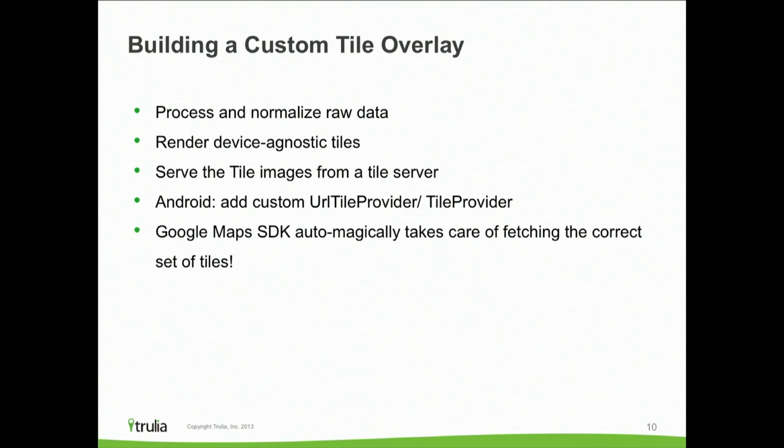So I really like how Google Maps takes care of all the Mercator projection math for me. Like, it's so simple to add a tile overlay. It takes maybe 20 lines of code to add it into mobile.